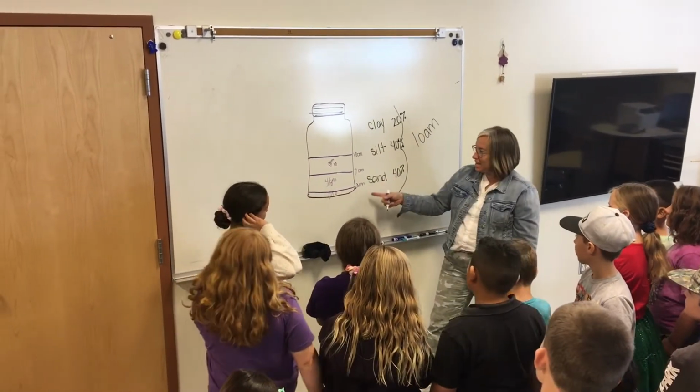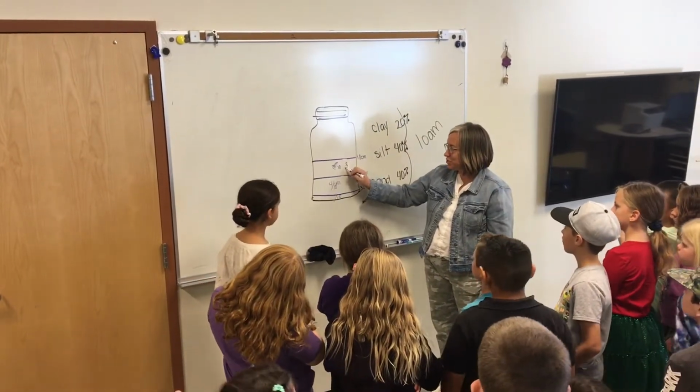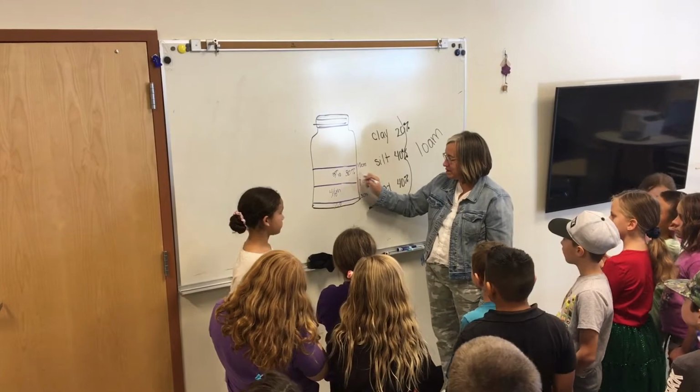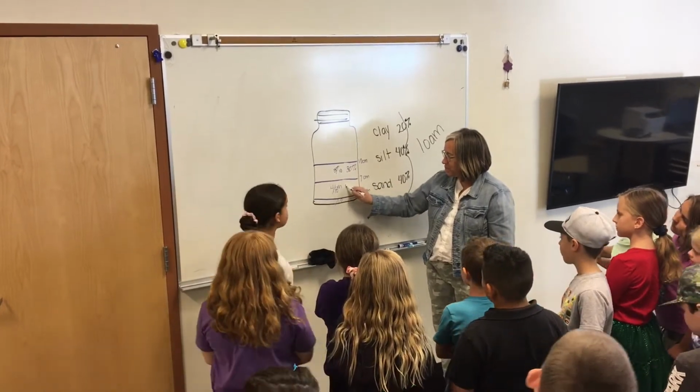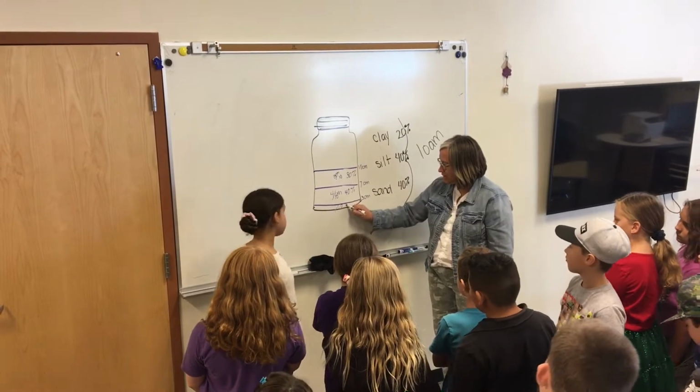Which, this is easy for me, because we know that 3 tenths is equivalent to 30%. 4 tenths is 40%. And 3 tenths is 30%.